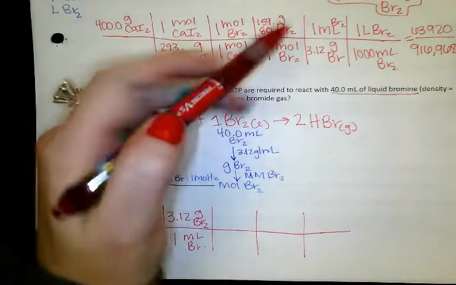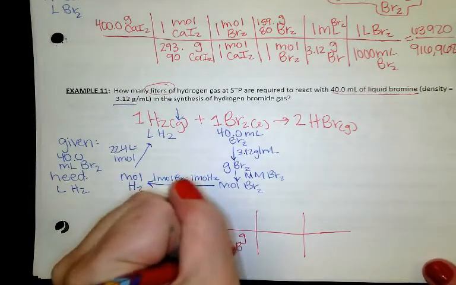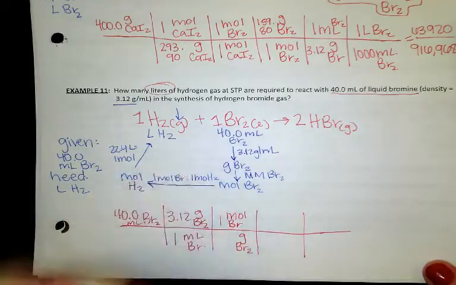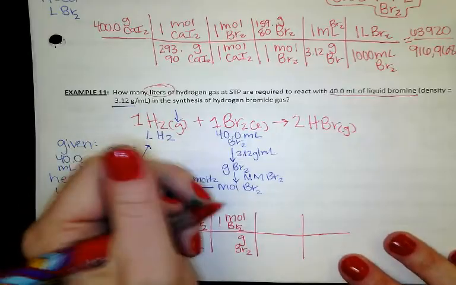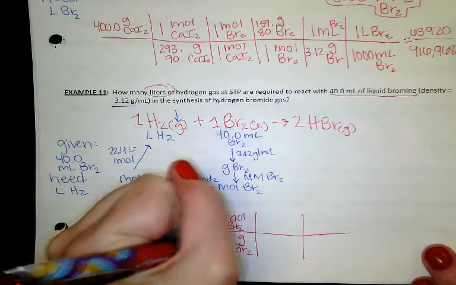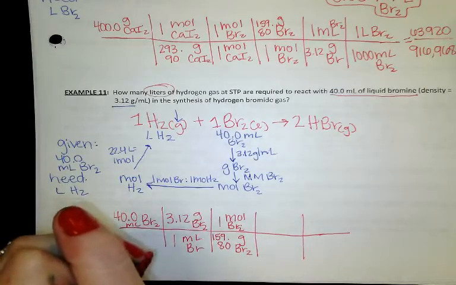Then, we're going to go from grams of bromine to moles of bromine using the molar mass of Br2, which we calculated up here. That molar mass is 159.80. Okay, so we got 159.80 grams of bromine is in 1 mole of bromine. Then we're going to use our mole to mole ratio from our balanced equation.